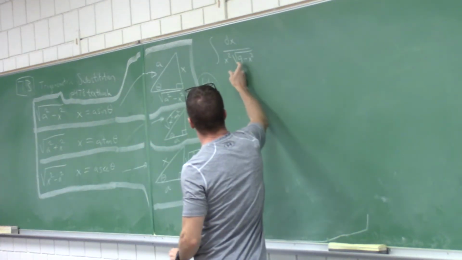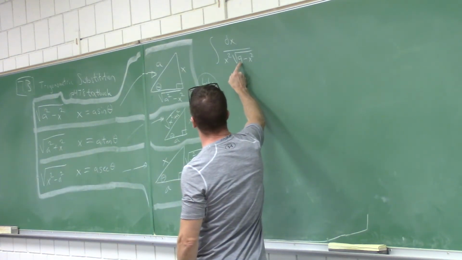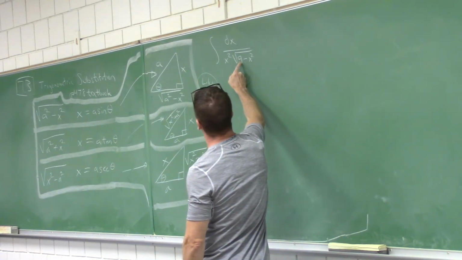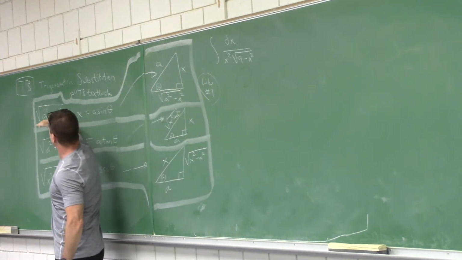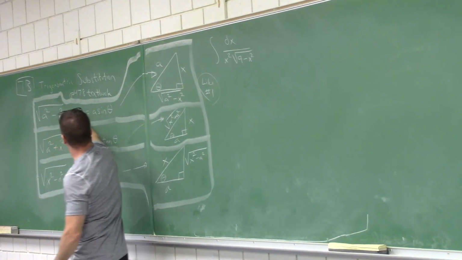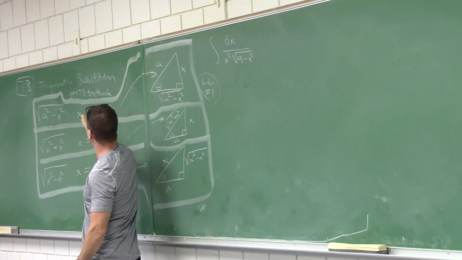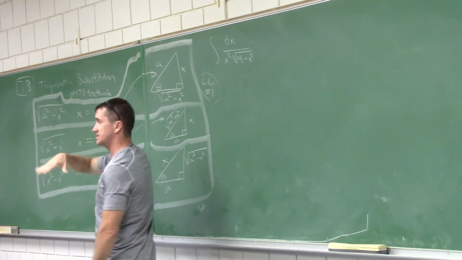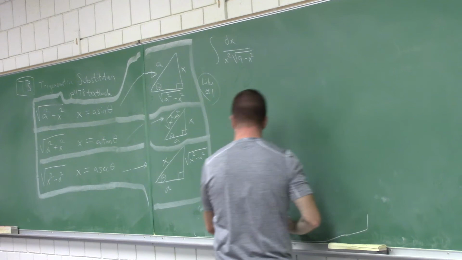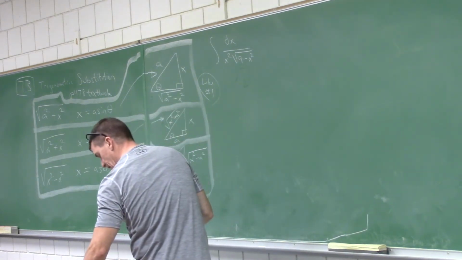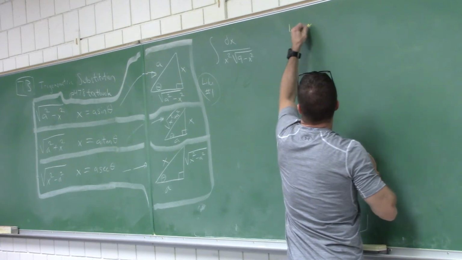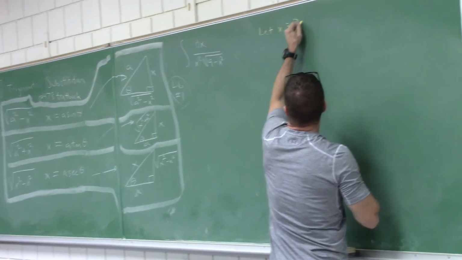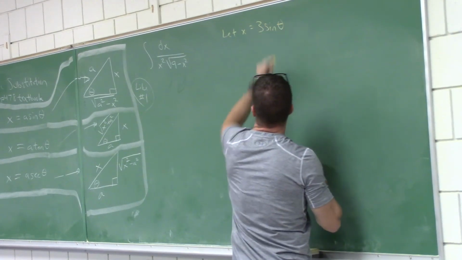That's a 9, so the a value will be 3. This is looking like scenario 1, and I'll let x equal 3 sine of theta as my trig substitution. Okay, so I'm going to write that down. Let's let x equal 3 sine theta.